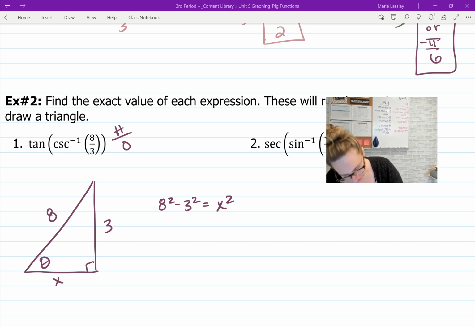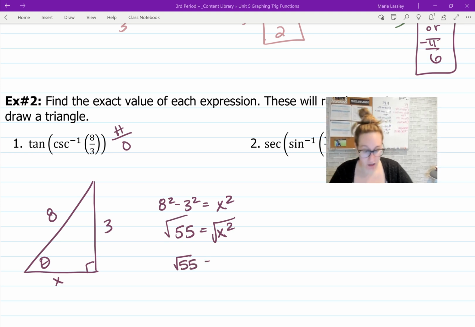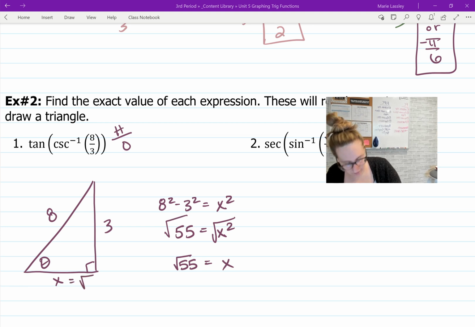So I have 55 equals x squared. Then I square root both sides. Since I'm in the first quadrant, I know that my x value has to be positive. So this is going to be positive square root of 55.